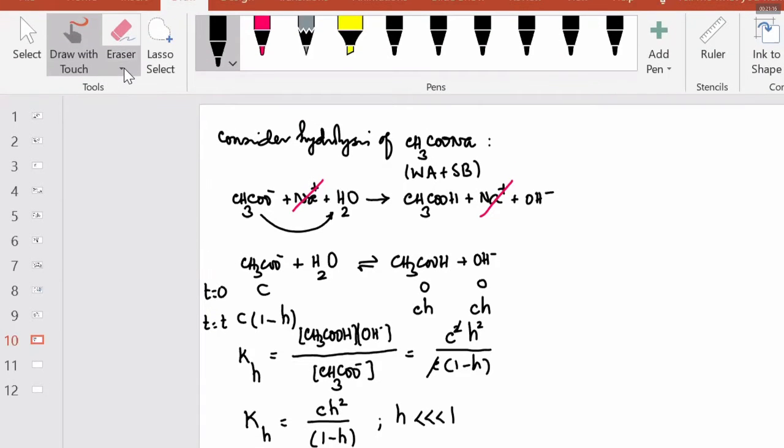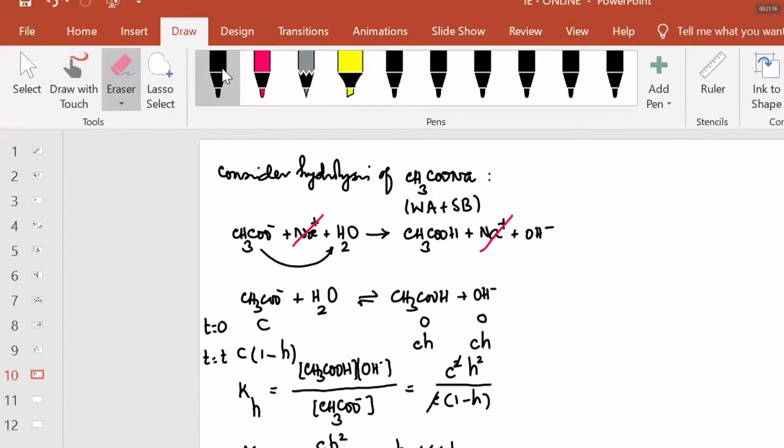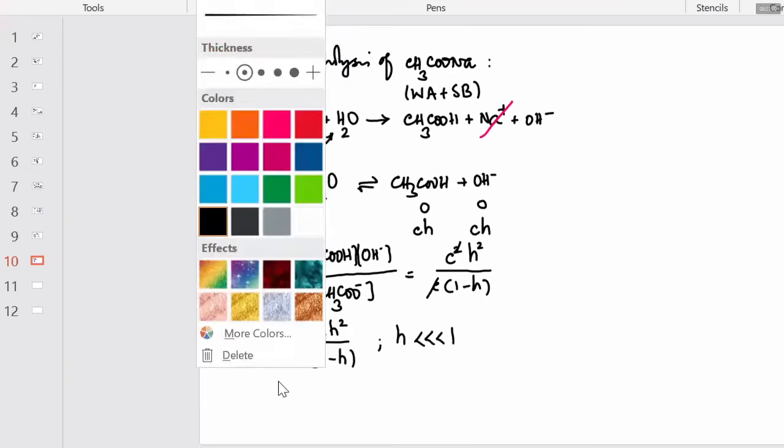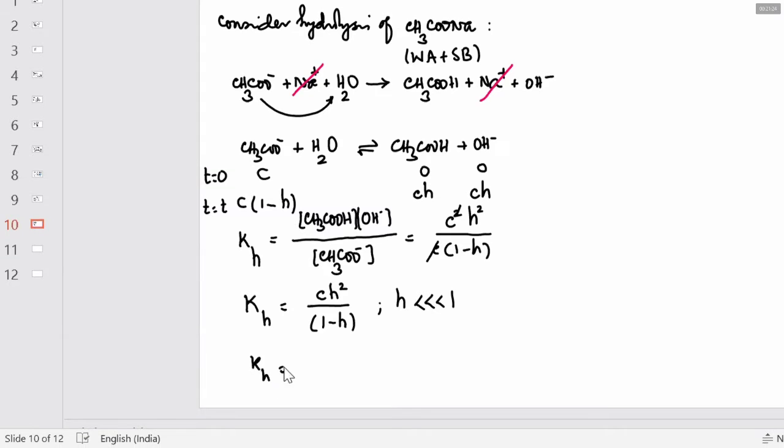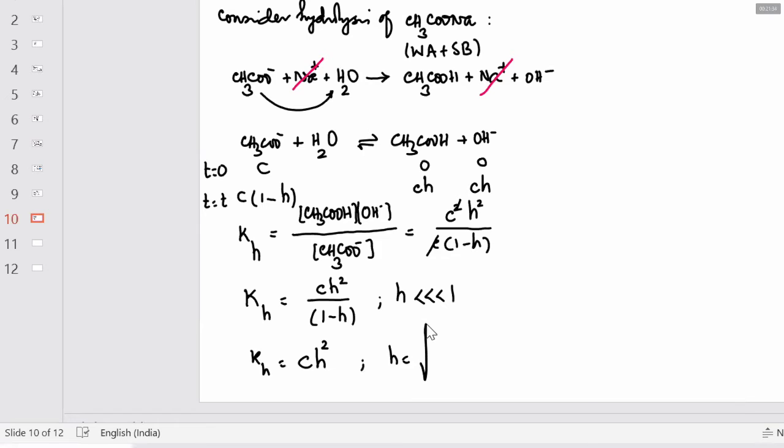Hence, we can neglect the degree of hydrolysis as compared to 1, and therefore Kh is equal to Ch square. Now recall the degree of dissociation, under root K by C. Similarly, the degree of hydrolysis is equal to under root Kh by C.